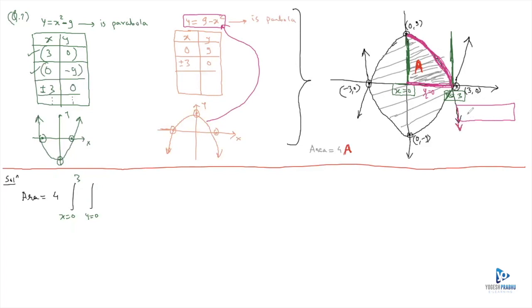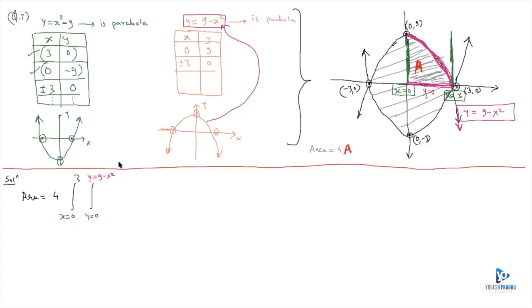So the upper bound of y is not beyond this parabola. So tell me what is the upper limit of this integral? 9 minus x squared.